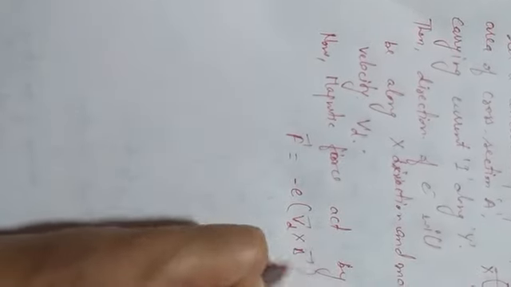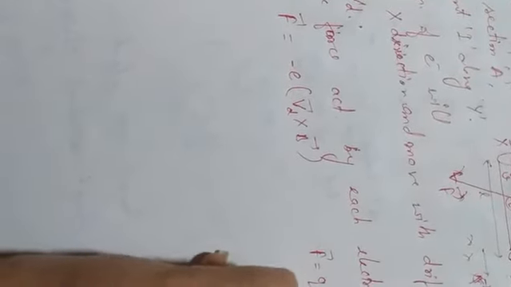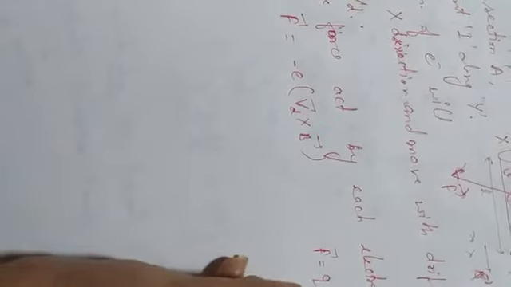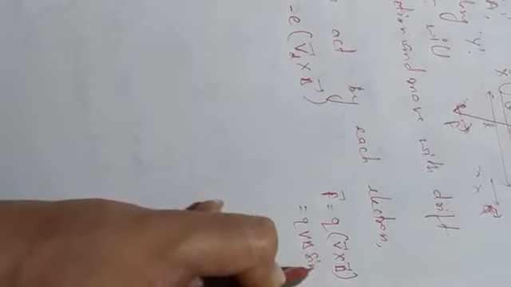From where does this relation come? When we take any charged particle, we know that F equal to q V cross B. This relation we have done, from which came F equal to qVB sin theta.